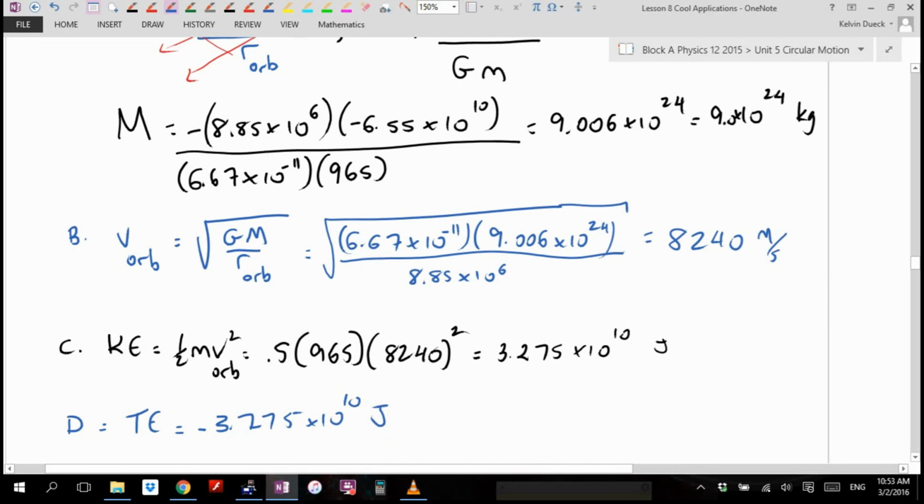And if you don't believe me, the word total means add the potential and the kinetic, and you'll get that. Which means you really didn't need that shortcut, because total means add. You could have just added them together. It's a meh kind of a shortcut.